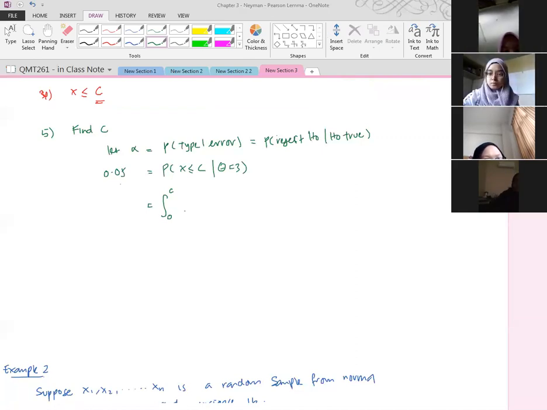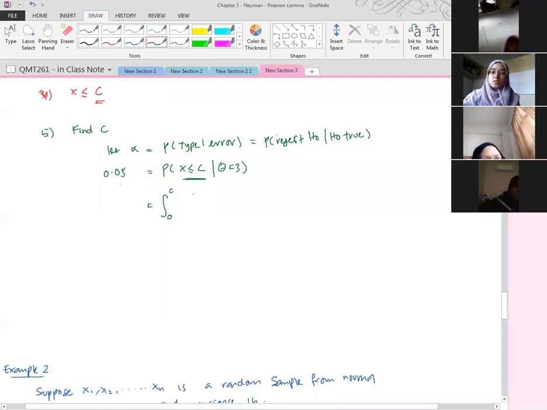Since we want to integrate, the PDF is theta x^(theta minus 1), right? So theta is equal to 3. We substitute, this is with respect to x. We input the value of 3 inside the theta.